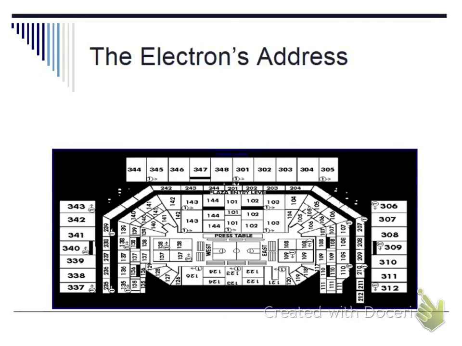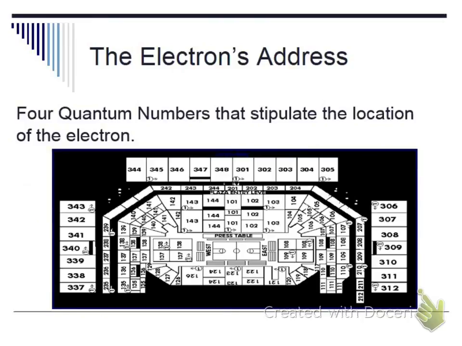So that brings us to what we really need to know. The most important part of this whole unit is the electron's address. There are 4 quantum numbers that specify the address of an electron. And that is, of course, not an electron. That is a stadium. But if you go to a concert and you have a ticket to a stadium, you have your own little special seat that only belongs to you.